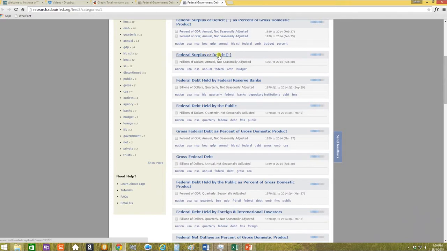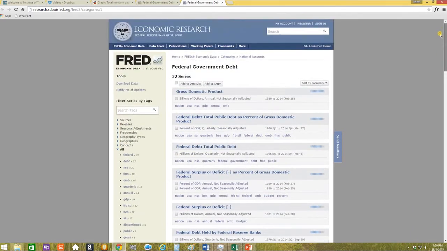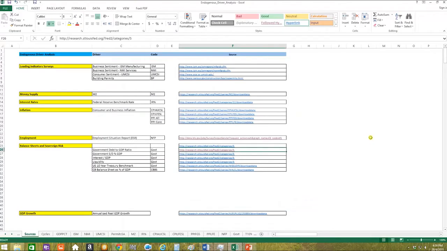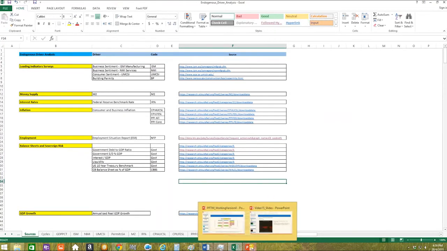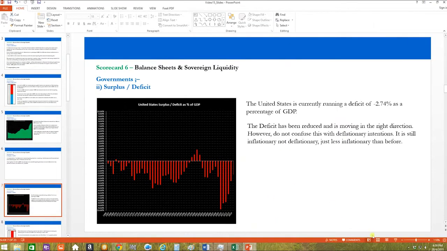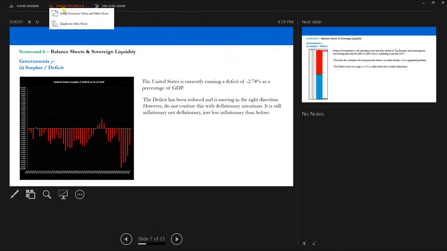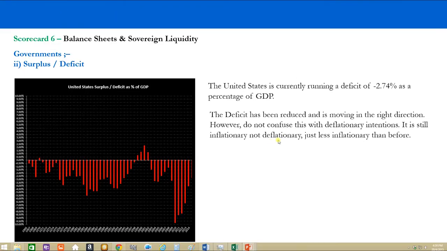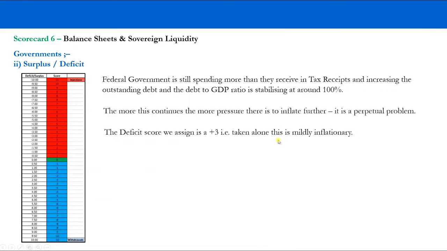We download these and we work this out as a percentage of GDP. So again, in your own time, you can go to that and work this out, work out where the data is coming from.